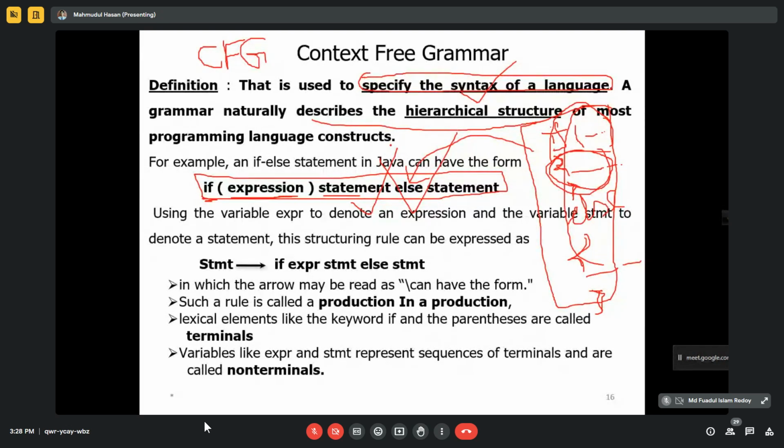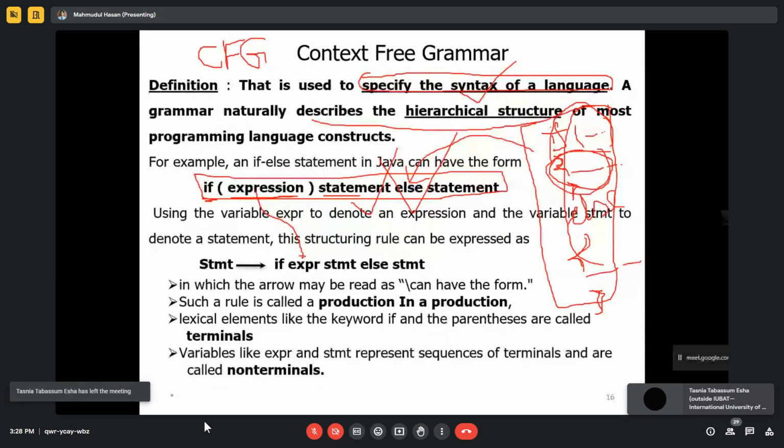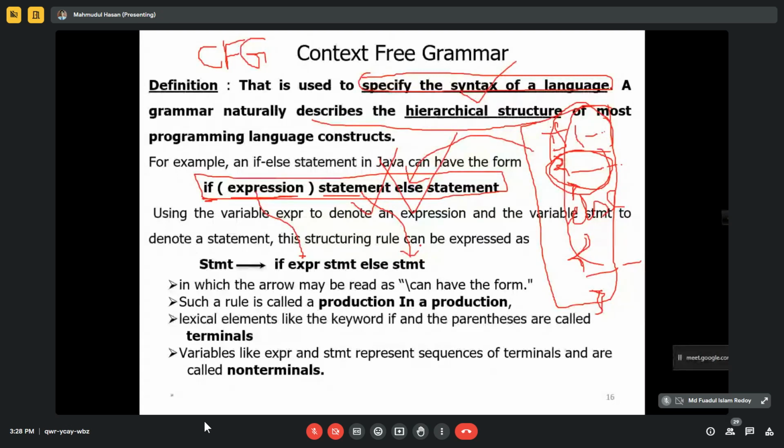So you can shortly write expression as expr and statement as stmt, the short forms of expression and statement.